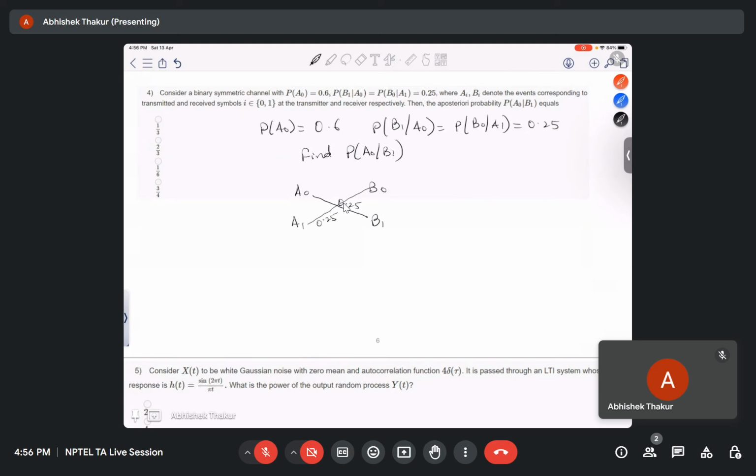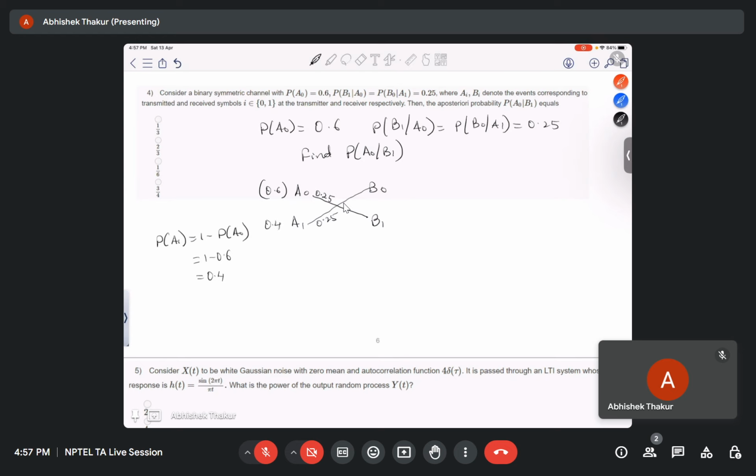Now probability of A naught is given as 0.6. So probability of A1, what will it be? It will be 1 minus probability of A naught. So this will be 0.4.